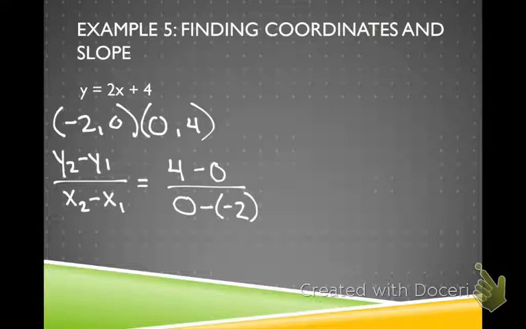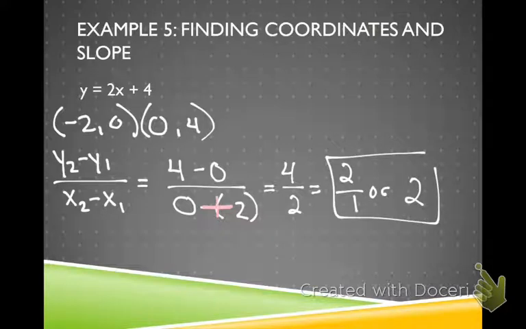The subtraction sign is in your formula, and then when you plug in a negative, that turns it into a positive. So when you subtract them out, 4 minus 0 is 4. 0 plus 2 is 2. So that reduces to 2 over 1, or just 2. So here, my rise would be 2, and my run would be 1 between the points. My slope is 2 over 1.